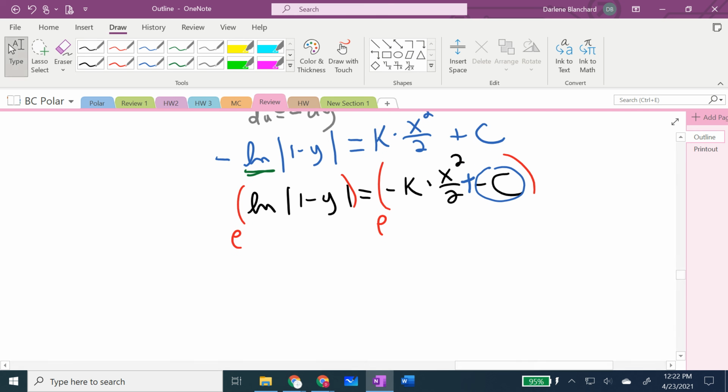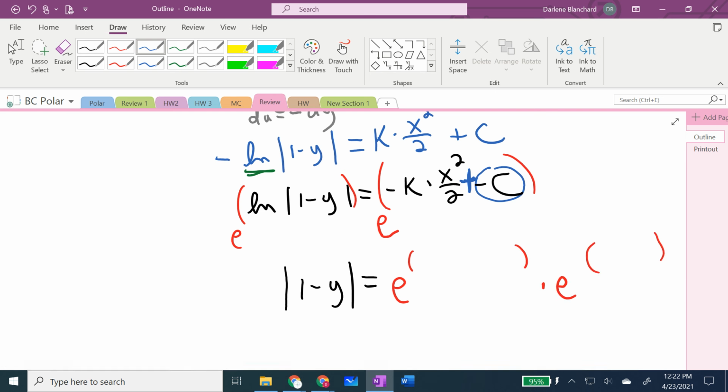Now the left side is just the absolute value of 1 minus y. On the right side, you can take this addition and expand your exponential using that exponent rule. And you know that exponent rule by the thought of, if it's the same base and I'm multiplying, I add the exponents.